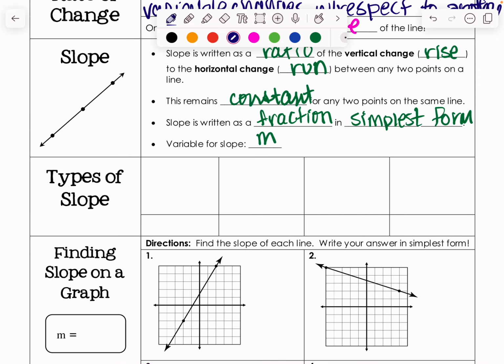All right, so types of slope. If we go from left to right, and you see that it starts negative and it's ending positive, then that is a positive slope. Now from left to right, if it starts positive and ends negative, that is a negative slope.